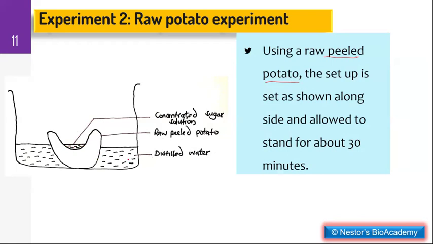Sometimes, instead of the concentrated sugar solution, we might have a case where we place a few sugar crystals inside the peeled potato. So remember, the potato is raw, it is peeled, and then we create some depression in it to hold the concentrated sugar solution, or to hold the sugar crystals that are placed there.